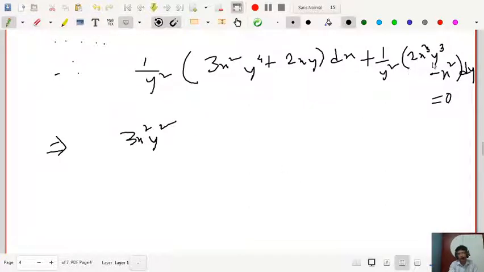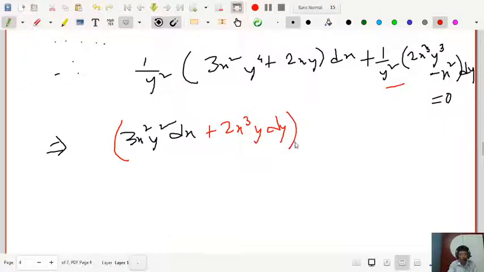This is dx. Then come to the second term: if you multiply with 1 by y square, that will be 2x cube y dy. So this will be together because that will produce the same result, and the rest of the part will be 2xy dx minus x square dy by y square.